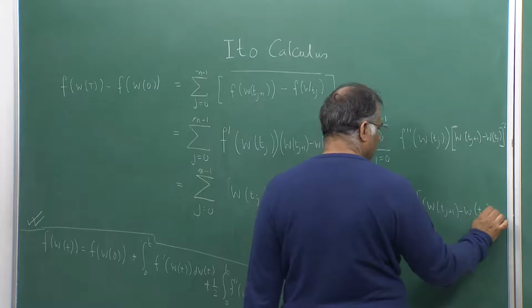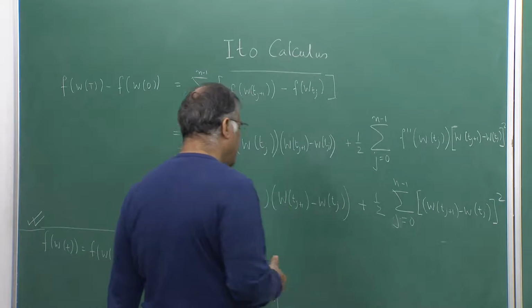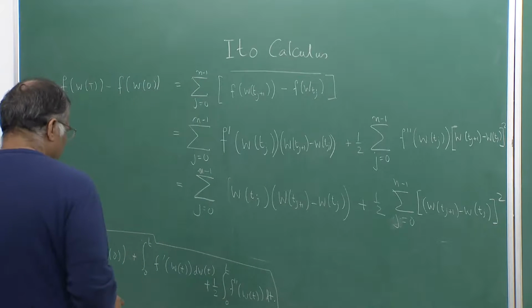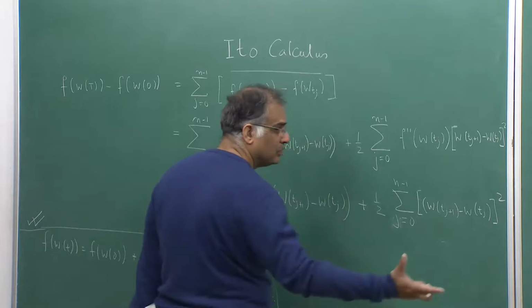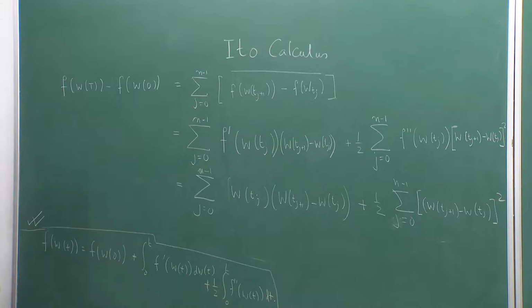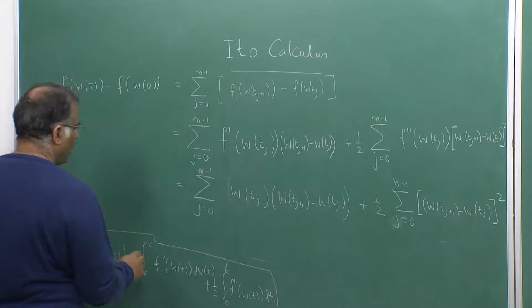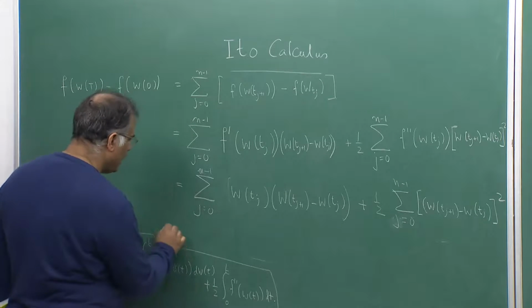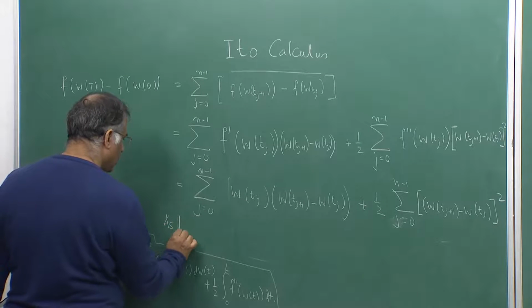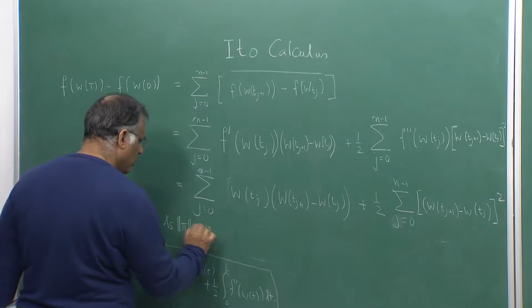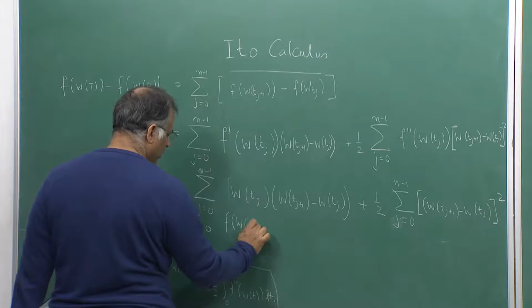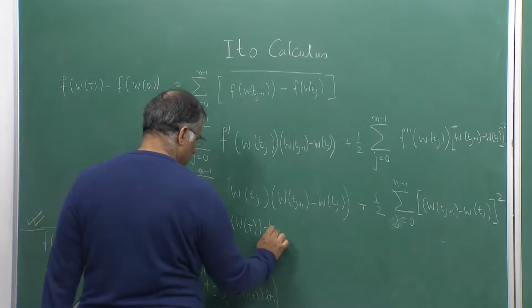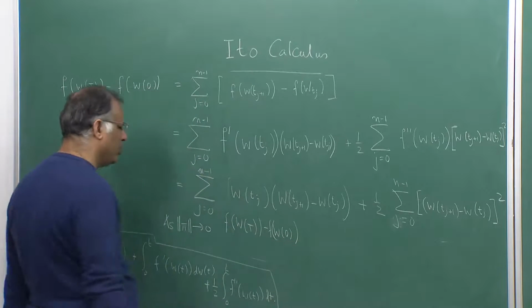So, if I take the limit as the norm of the partition goes to 0, this would represent an Ito integral of W, and this would represent the quadratic variation, right. And so, what does this represent? As the norm of pi goes to 0, f of W_t, because this is not depending on that partition, it is independent of it, these are the two endpoints.